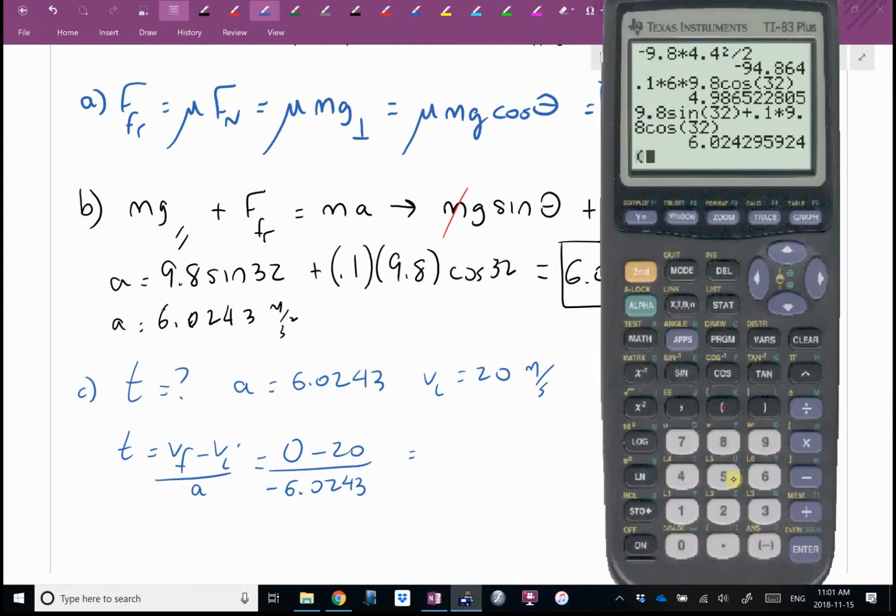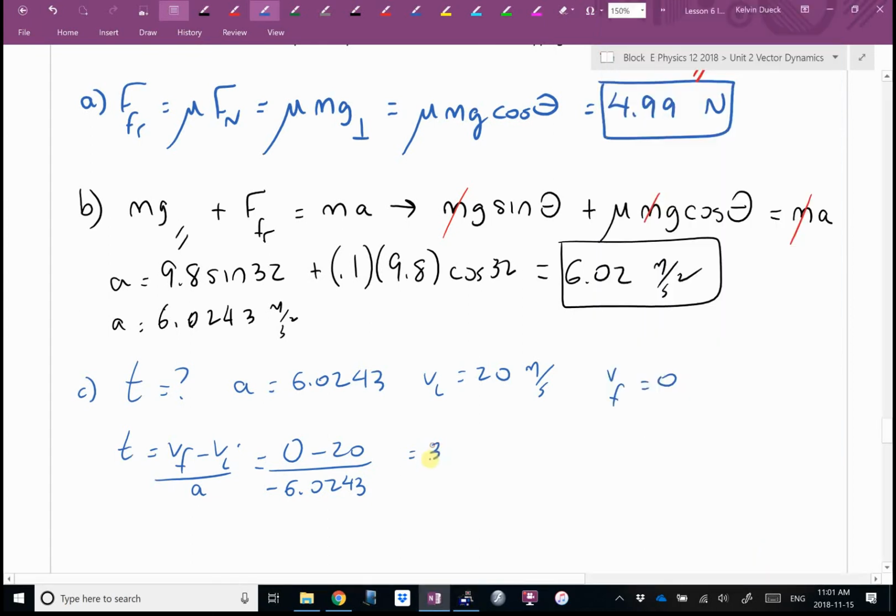But I did want to explain why that's the case. So 0 minus 20 divided by negative answer button, if I was really paying attention, and I get 3.32. Cool.